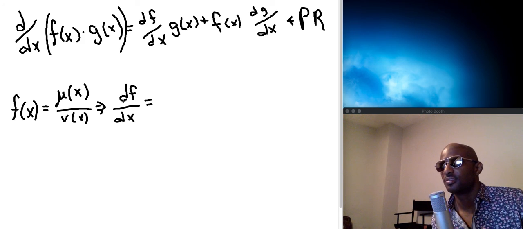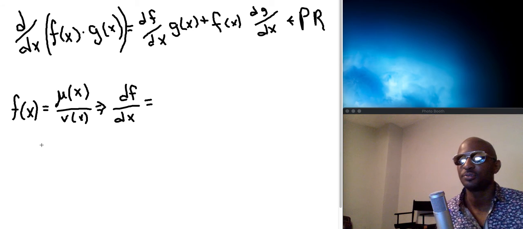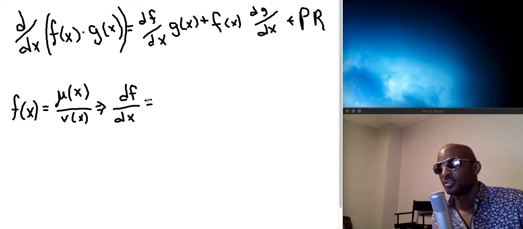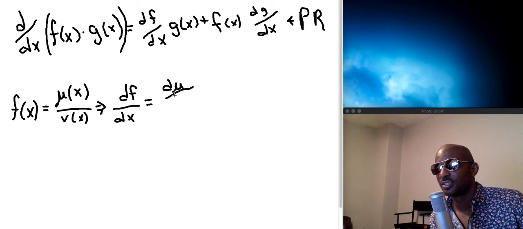So the derivative of f with respect to x, when f of x is equal to mu of x over v of x, is equal to the derivative of mu, you could just say u, but that's how I wrote it in my notes, with respect to x, times v of x, the function v of x, not the derivative.